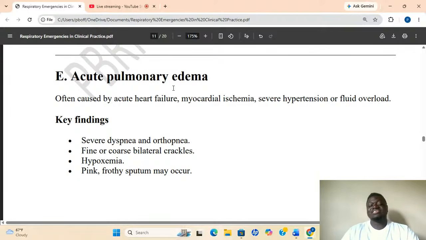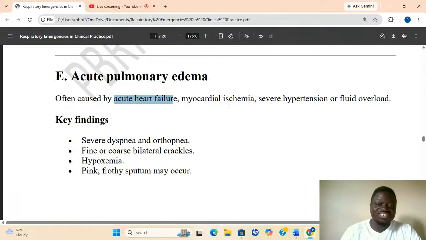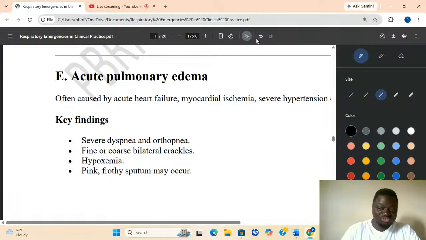Acute pulmonary edema. Where is the water coming from? It is often caused by heart failure, myocardial ischemia, or severe hypertension and fluid overload. I showed you a picture of this condition last week, so you should know.